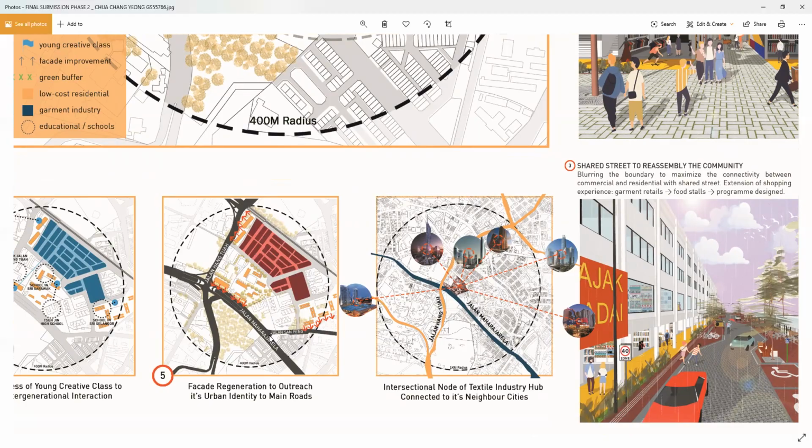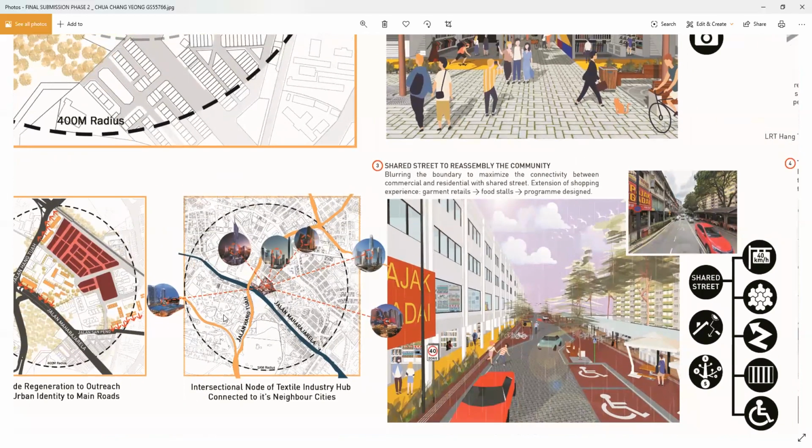So I'm trying to propose the facade regeneration, as our residential zone is facing the main streets like Jalan Hang Tuah, Jalan Maharaja Rela, and Jalan Samping. The facade regeneration not only physically improves the facade performance, but also shows the cultural identity inside out.